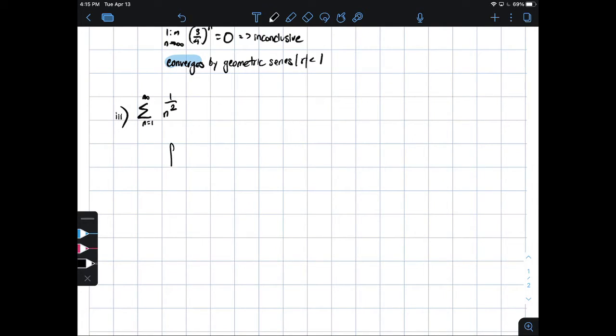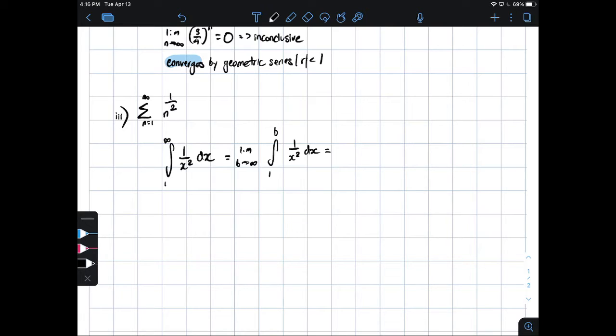So we're going to say the integral of 1 over x squared dx, and we want to do that from 1 to infinity. So that's an improper integral, so I'm going to rewrite that. Integral from 1 to b, 1 over x squared dx.